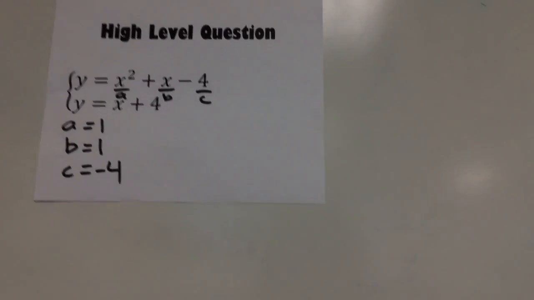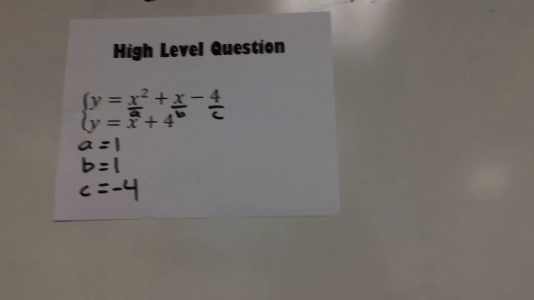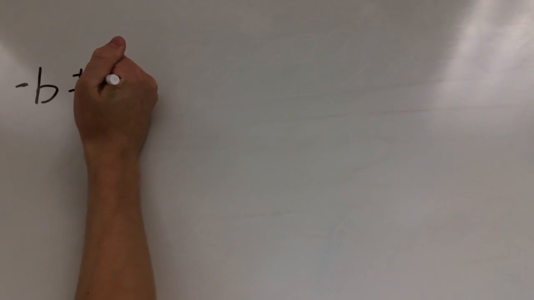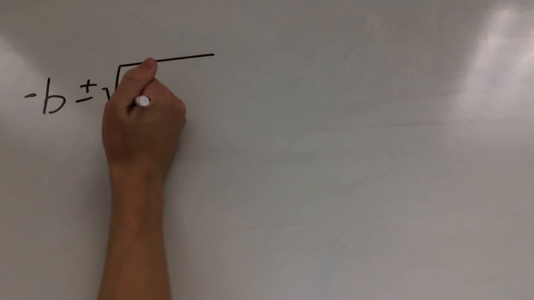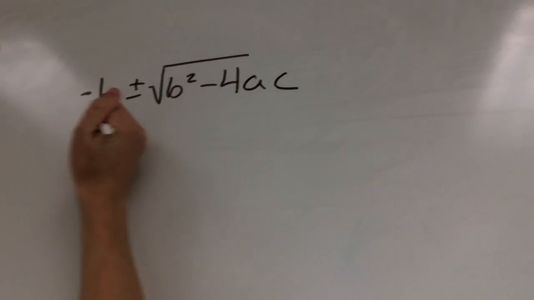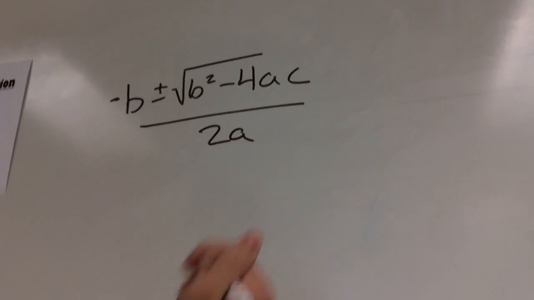So basically all you have to do now is plug it all into the quadratic formula. So the quadratic formula, as before, is -b plus or minus the square root of b squared minus 4ac over 2a.